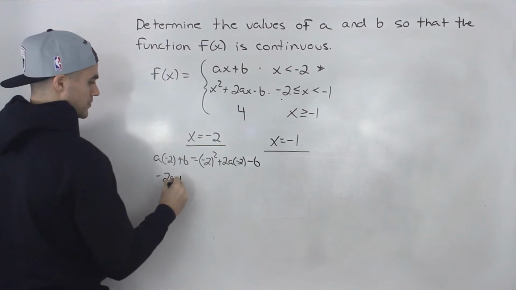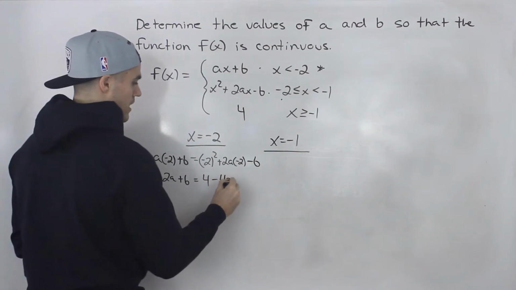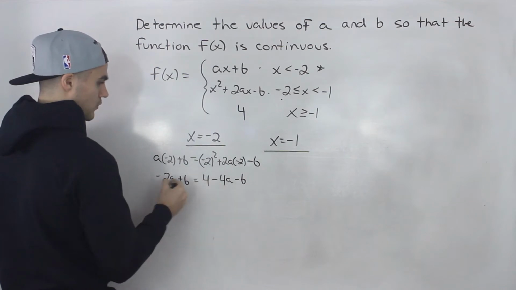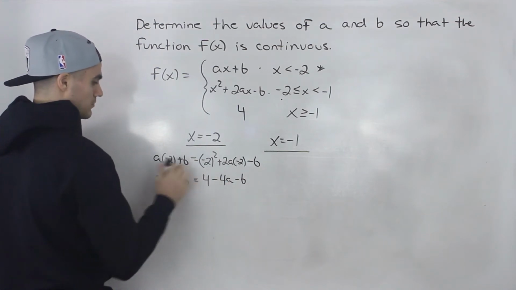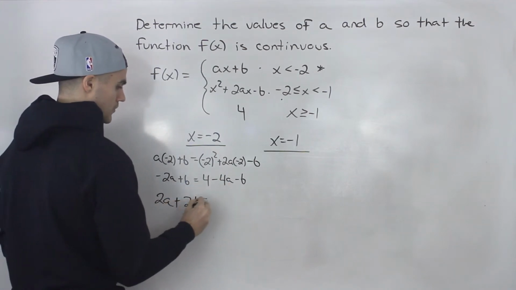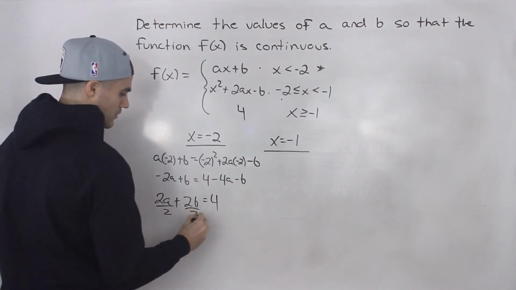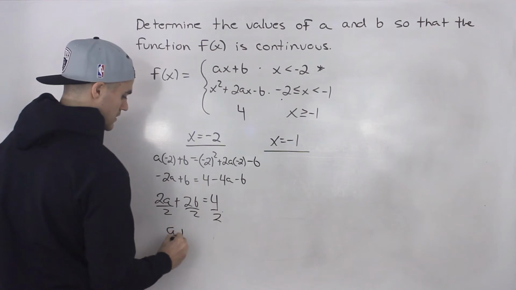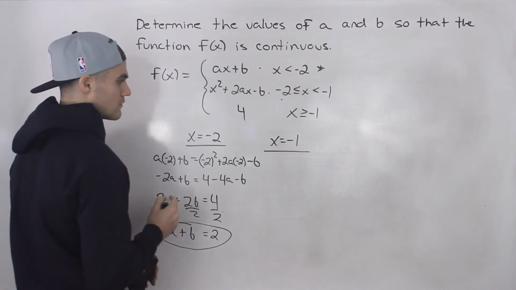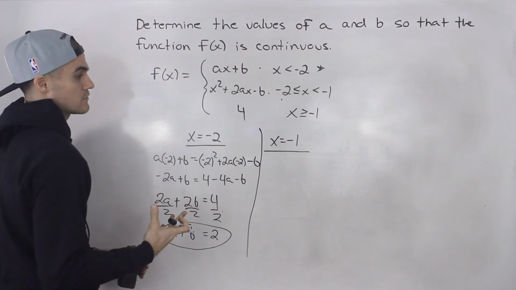So we got -2a plus b equals -2 squared is 4 minus 4a minus b. And then we can just bring the -4a over, bring the -b over. So -2a plus 4a gives us 2a, b plus b gives us 2b, and then we are left with 4 on the right side. And then we could simplify this further because everything is divisible by 2. So a plus b equals 2. That is one of our equations. So we got that with the meeting point x equals -2.